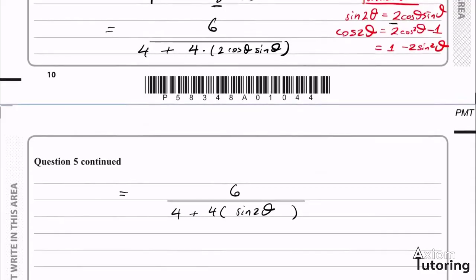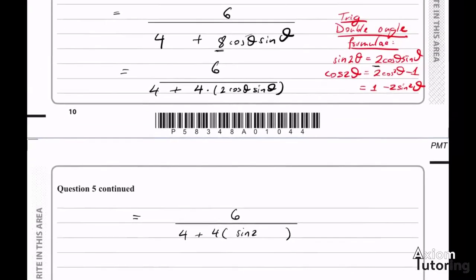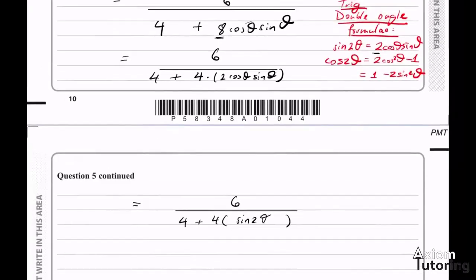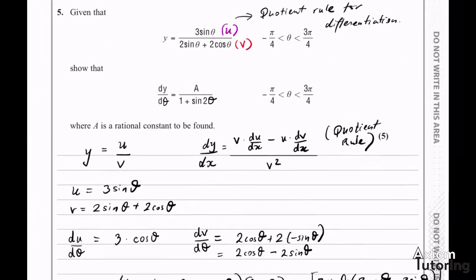Okay. And so, if I just go back up here, we have a over 1 plus sine 2 theta. So we want it as 1 plus. So because we have a 4 there instead of a 1, we actually want to divide everything by 4.